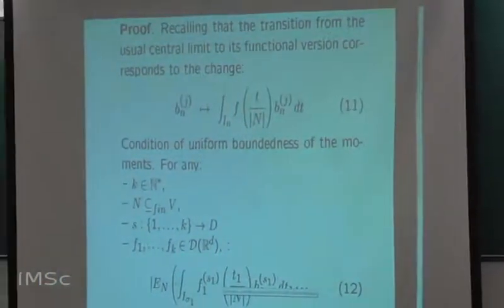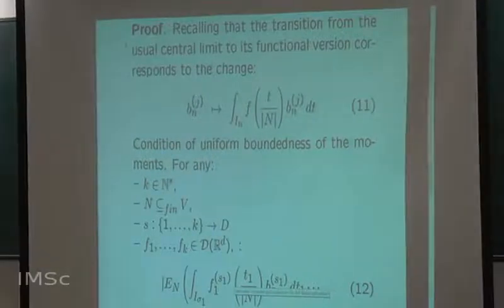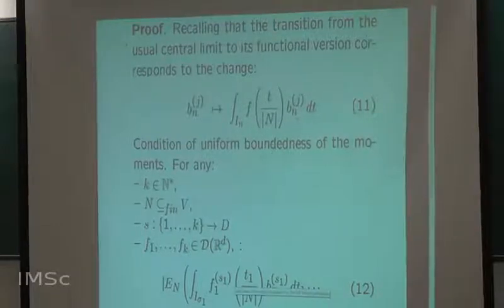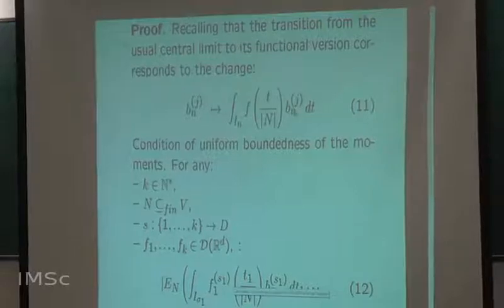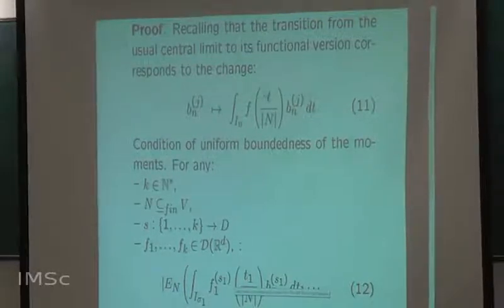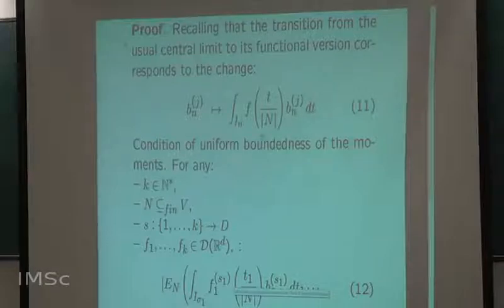The basic idea is just this, what I already underlined, that in the transition from the usual central limit to the functional central limit, you separate an algebra part and the t-dependent part. And in the next lecture, I want to show a bridge, since we decided not to give lectures on the stochastic limit, but I want to show that this is exactly the type of scaling that you find in the stochastic limit.